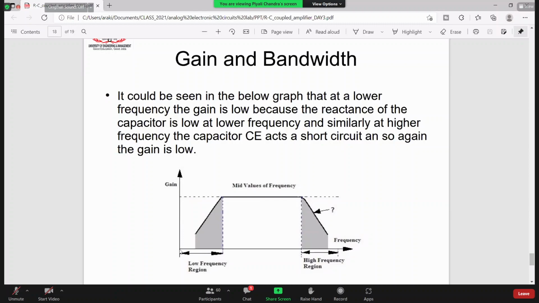So we can assume this part as 0 to 50 hertz, this part as 50 hertz to 20 kHz, I think. It's a proper value, but I cannot remember now. Maybe it's 20 kilohertz, and this part is more than 20 kilohertz. So that is an assumption.